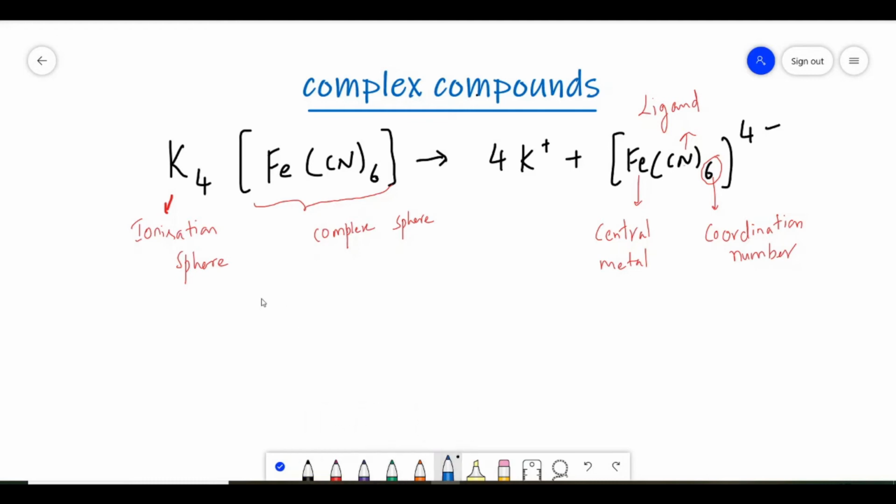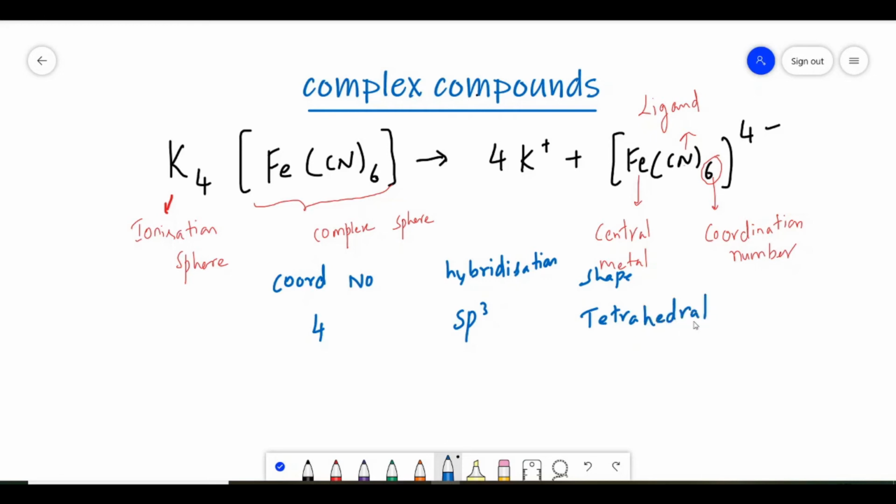If the coordination number is 4, then the expected hybridization is sp3, and the shape of this molecule is tetrahedral.